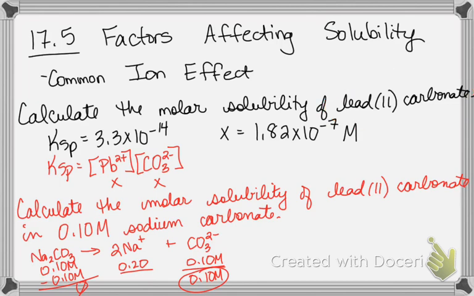What we have to do is figure out in 0.10 molar sodium carbonate, how much carbonate's there. Well, it's 0.10 molar. So that means when we have our KSP for lead carbonate, I'm going to go to the next slide to finish this because I need more room.